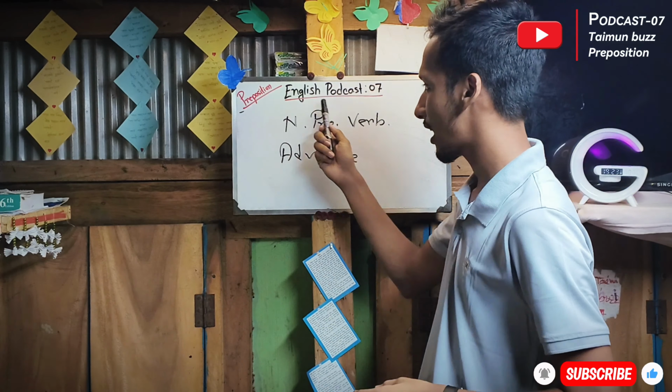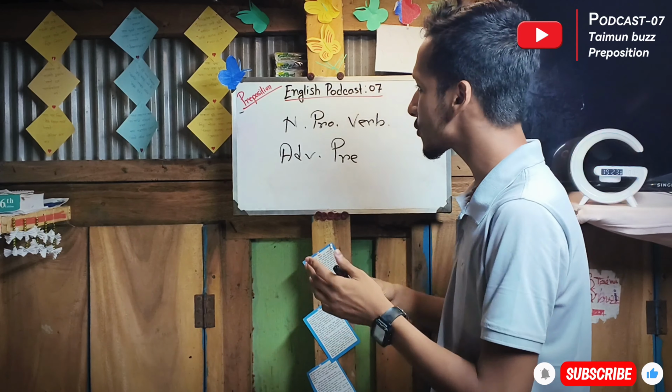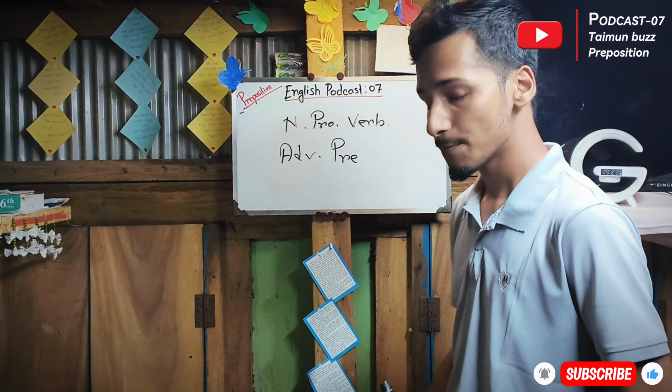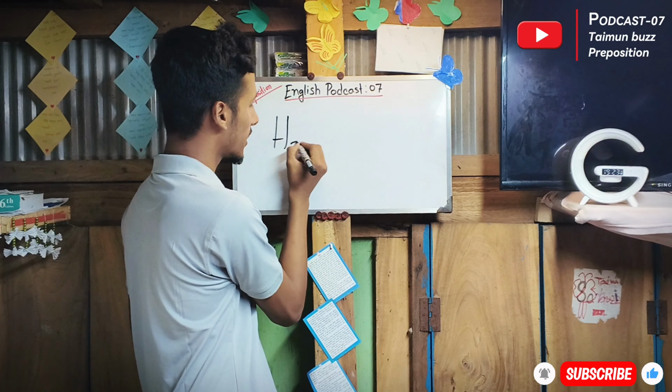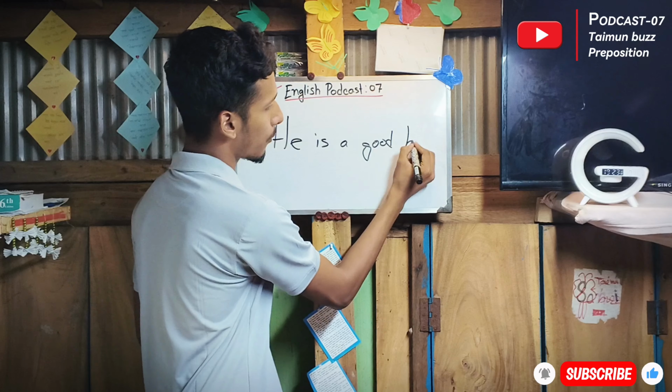And today, maybe we have completed the parts of speech chapter. So if I give you an example about parts of speech, let's do it. Suppose, he is a good boy.